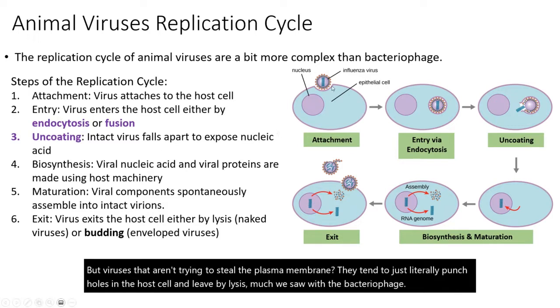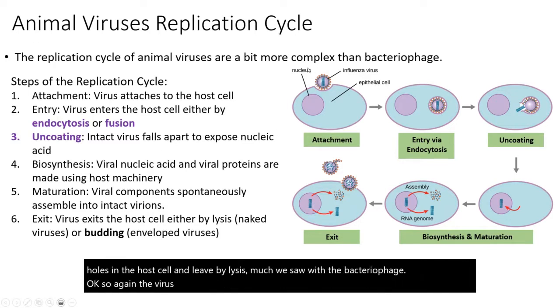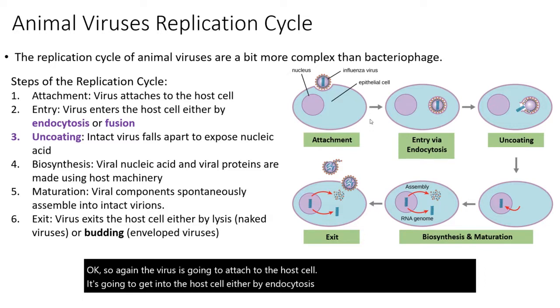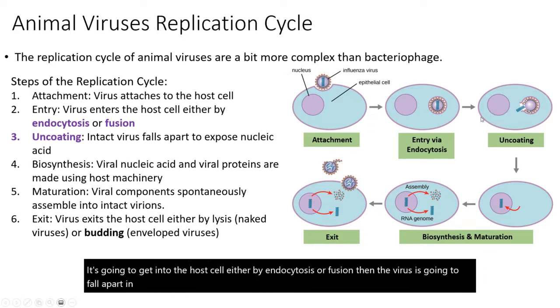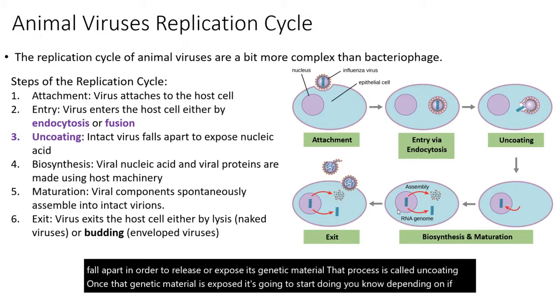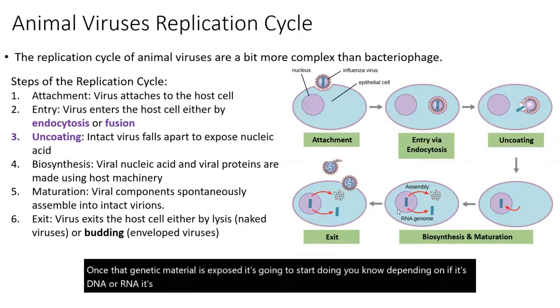Okay, so again, the virus is going to attach to the host cell. It's going to get into the host cell, either by endocytosis or fusion. Then the virus is going to fall apart in order to release or expose its genetic material. That process is called uncoating. Once that genetic material is exposed, depending on if it's DNA or RNA, it's going to start doing DNA replication, transcription, translation.